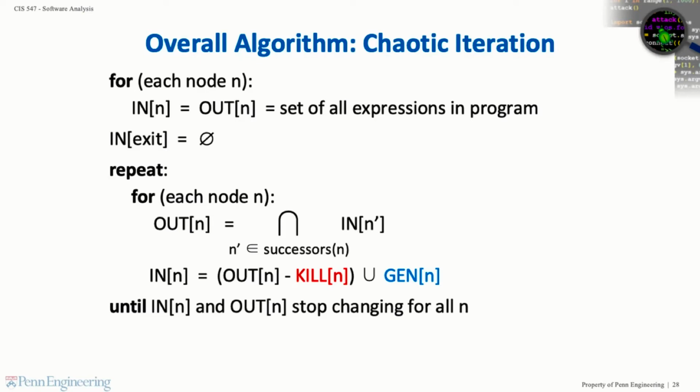In contrast, recall that the in and out sets in reaching definitions analysis are initialized to the empty set, and those sets grow as the algorithm progresses. However, we still set the in set of the exit node of the control flow graph to be empty, since no expressions are very busy at the end of the program.